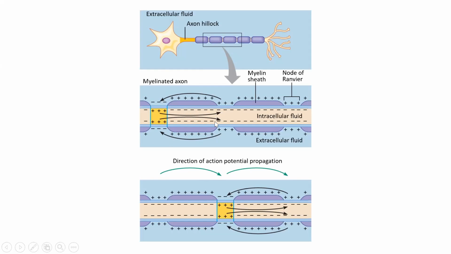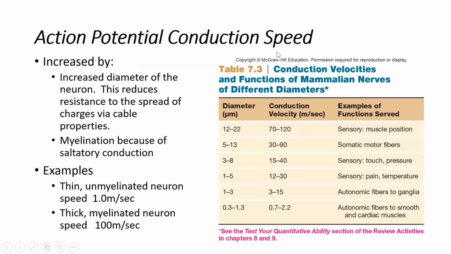Inside the cell remains negative. So the action potential doesn't actually touch each segment of the neuron. It's really leaping from these interval spots down the length of the neuron. And as you would imagine, this type of conduction helps to speed up the movement of the action potential.